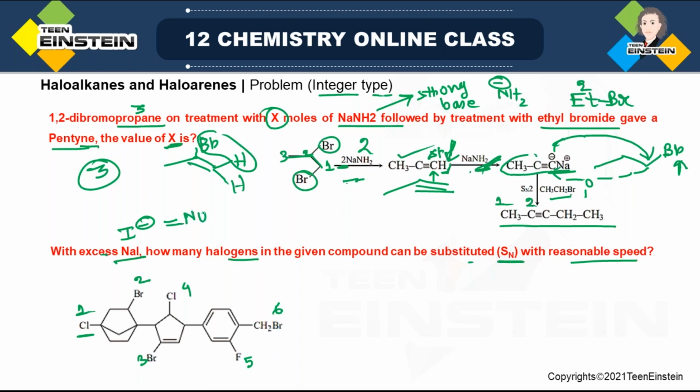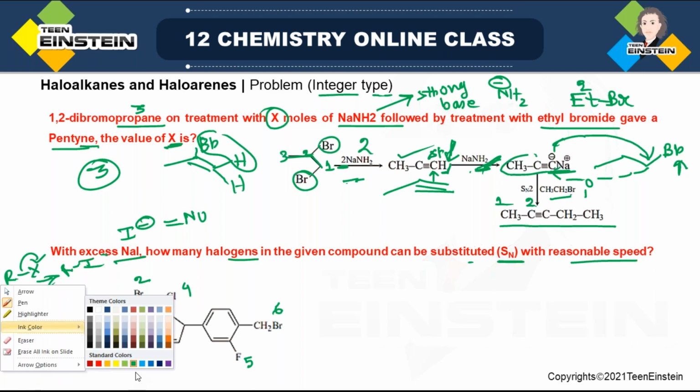So all these halogens that you are seeing, they are actually behaving as alkyl halides. So here the reaction is I minus will attack R, X will be removed, and there will be formation of RI, which is a substitution product. But is it possible with all these halogens? That we have to check.